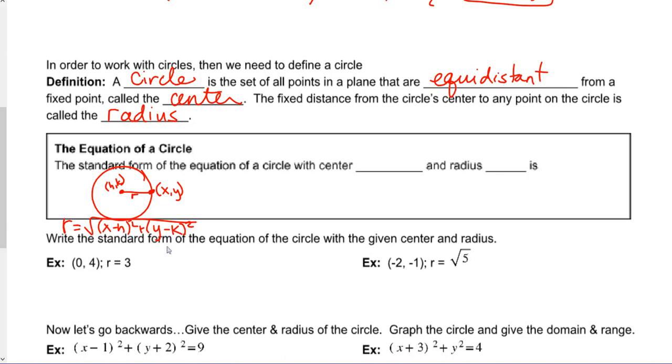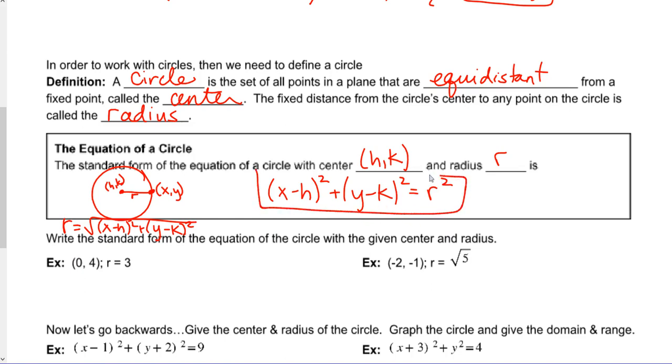So if I square both sides, what I end up getting is the equation of my circle. So the standard form for the equation of a circle with center (h, k) and a radius r is this. I square this, the square root goes away, and I'm left with x minus h squared plus y minus k squared equals r squared. And that right there is what you want to remember when working with a circle.